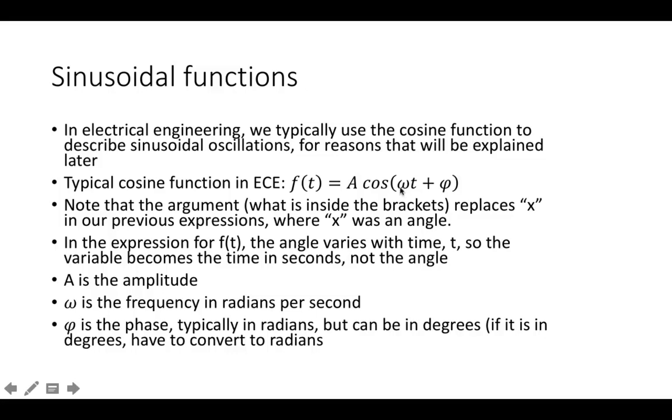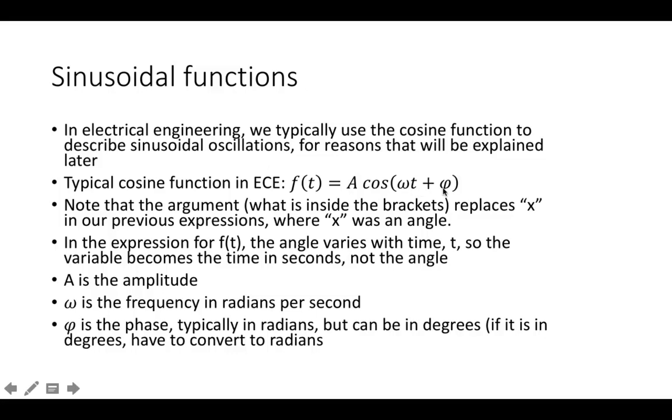Omega is the frequency in units of radians per second. Notice that omega t would be radians per second times seconds, so this is going to be radians. And phi is a phase angle or an offset from zero. Phi can be zero, in which case you would just have f of t as a cosine omega t, or phi can be some value.